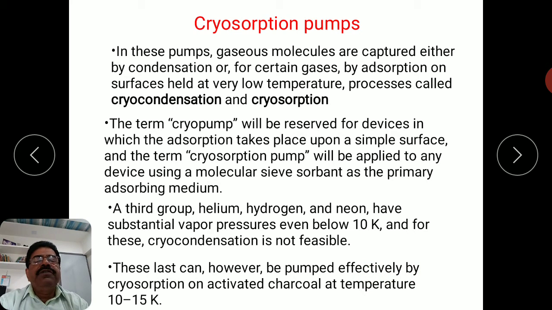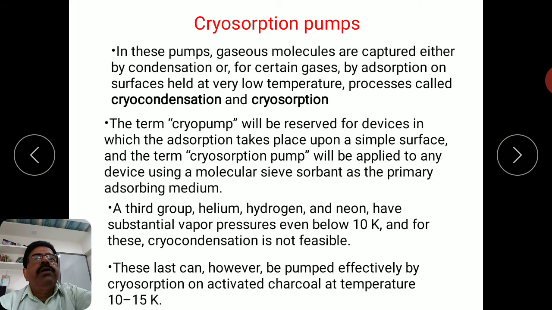So cryosorption pumps are effective pumps for capturing gas molecules like helium, hydrogen and neon. You can say this is a specific application of the cryosorption pump.